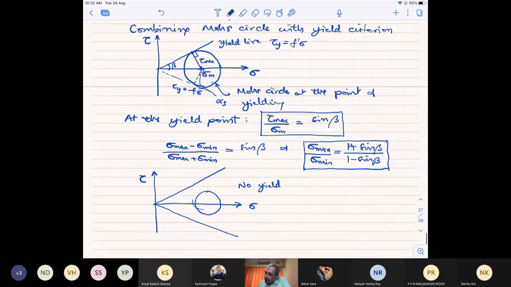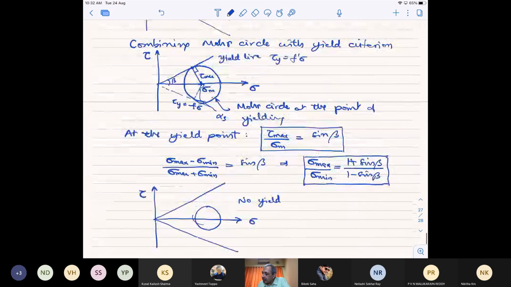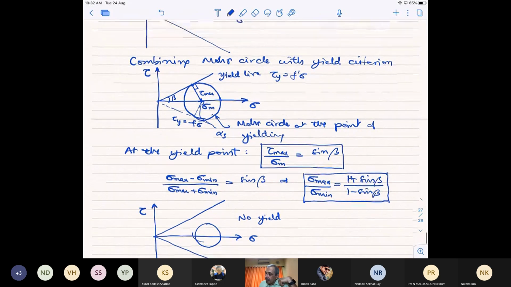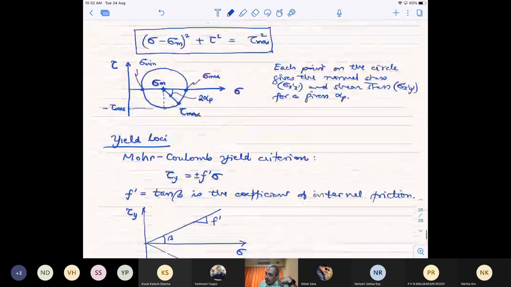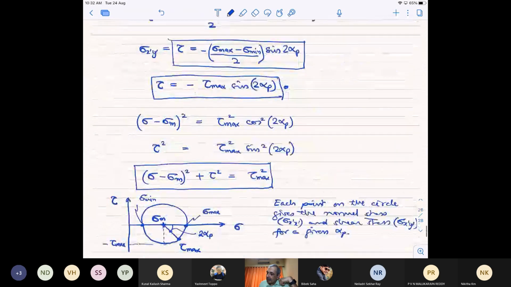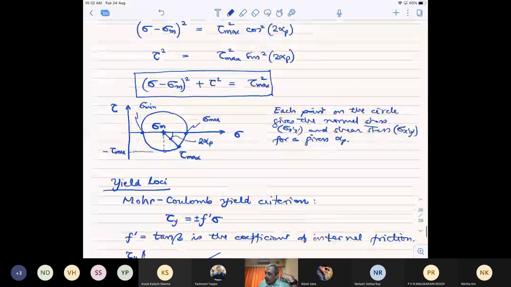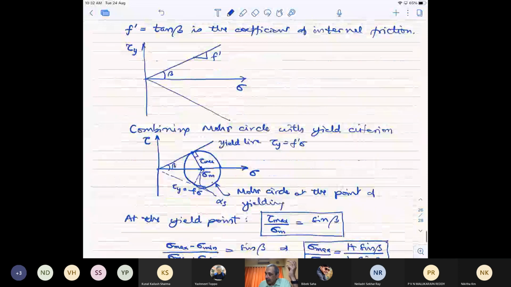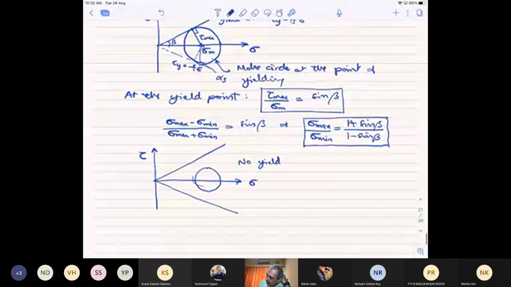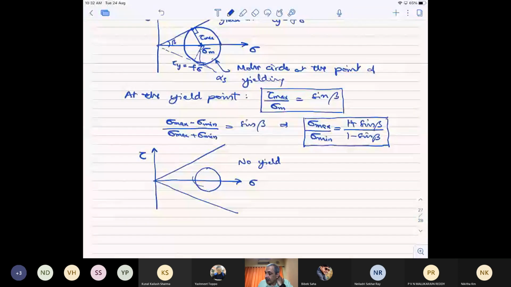So the key thing, if you want to increase the radius of the circle, is that sigma max and sigma min have to become more and more different. If sigma max is equal to sigma min, then tau max will simply be equal to 0. So if tau max is 0, the radius of the circle is 0, so it will never yield. As the difference between the maximum and minimum principal normal stresses becomes larger, the radius of the Mohr circle becomes larger and larger, and at some point it will yield.